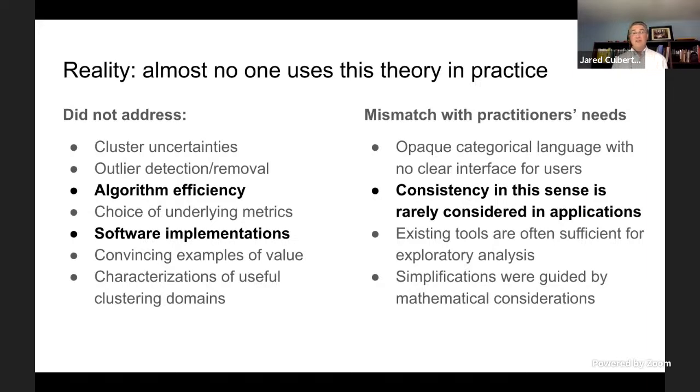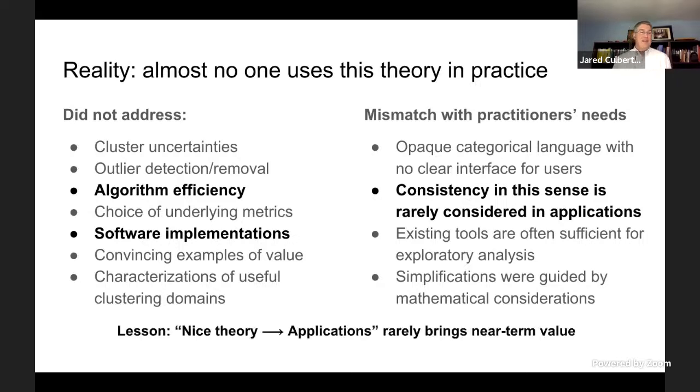And so there was sort of this mismatch between what practitioners really needed to be able to do exploratory data analysis and the sort of unsupervised clustering that they would like to do, and the tools they already have, and what this brought. The bottom line was really that we came up with some nice theory that has connections to very interesting things, cubical complexes, injective envelopes of metric spaces.